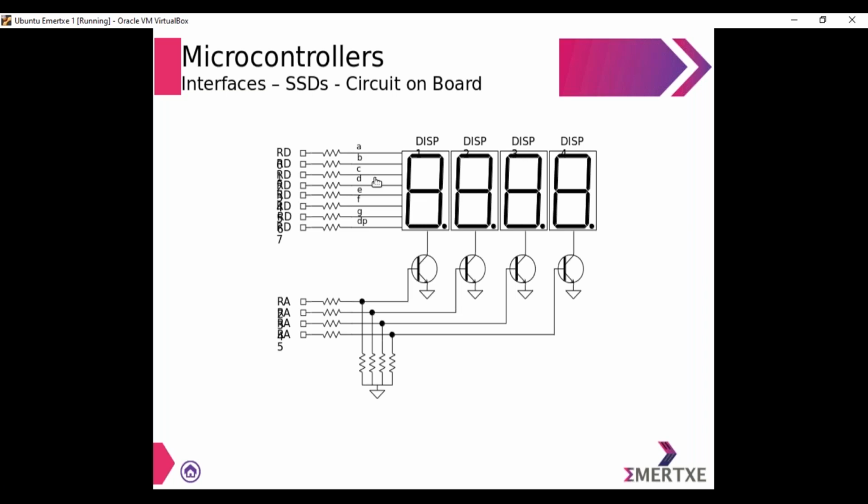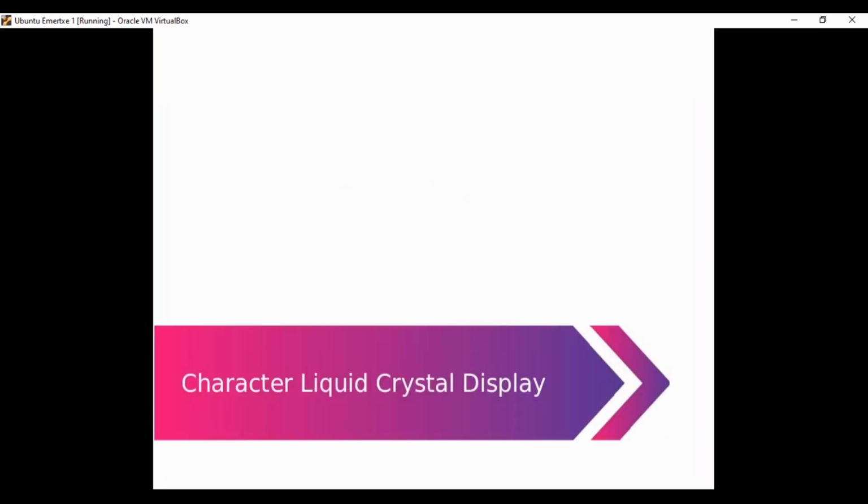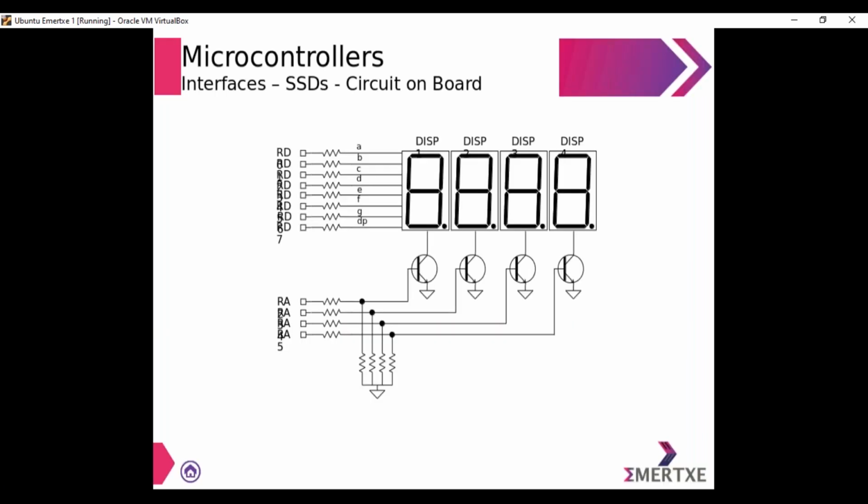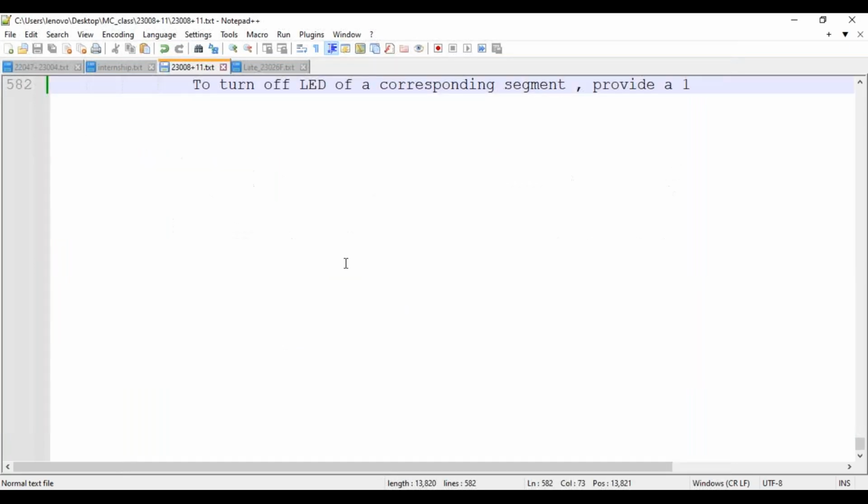Each of the segments from segment A to segment DP is connected from RD0 to RD7 pin of the microcontroller. And if I have to select a particular SSD, I have to use the control lines from RA2 to RA5.